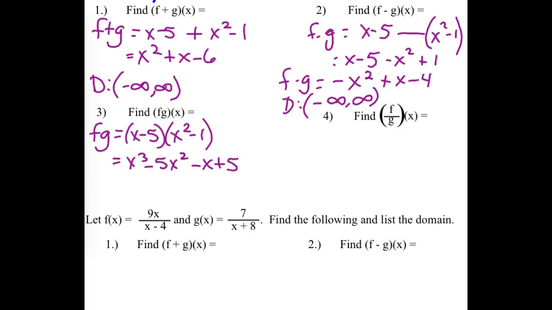Check your answer when you're finished. I did a little rearranging as I wrote it up there to put it in standard form. You certainly can do that as a second step. Any domain restrictions for that one? Okay.